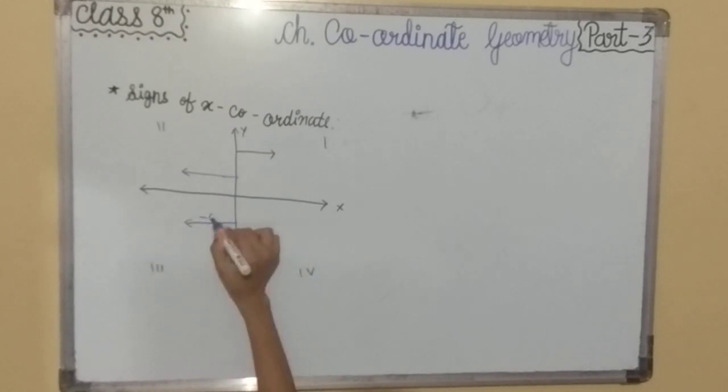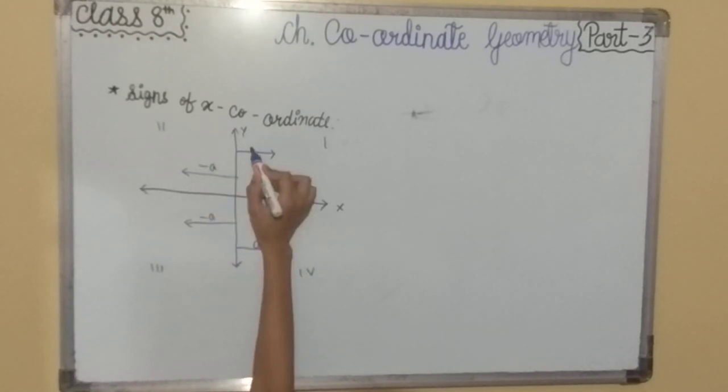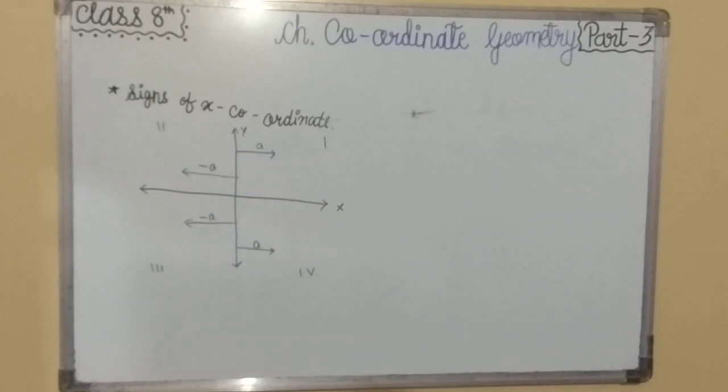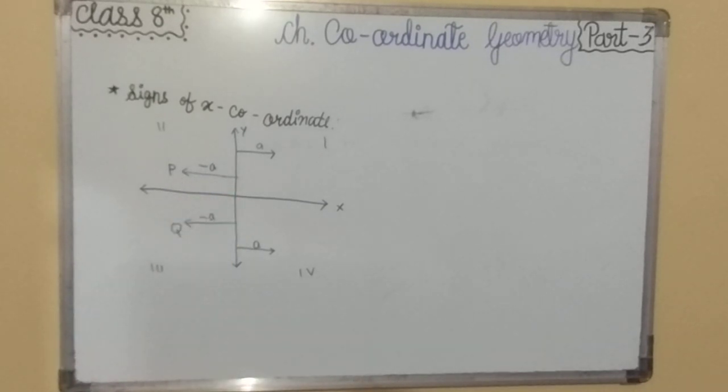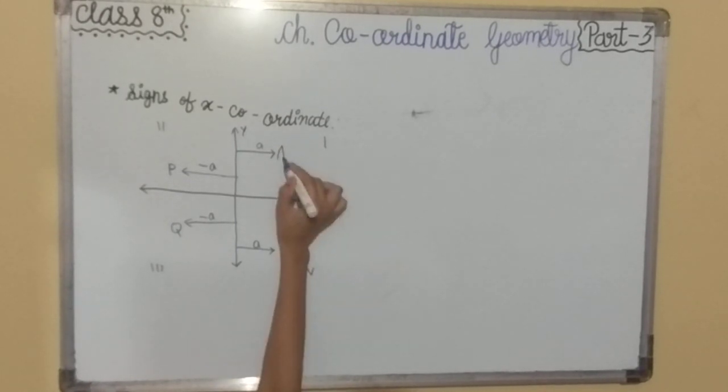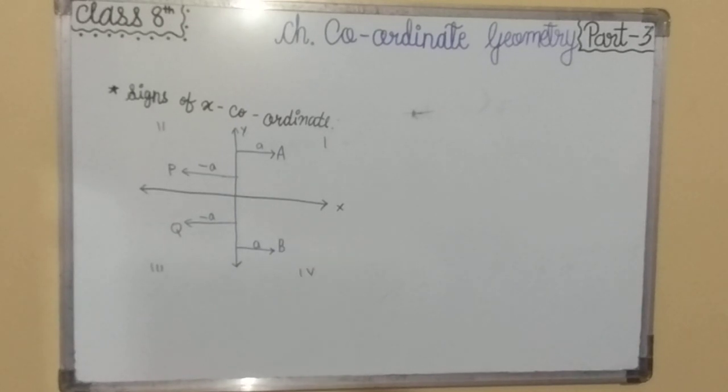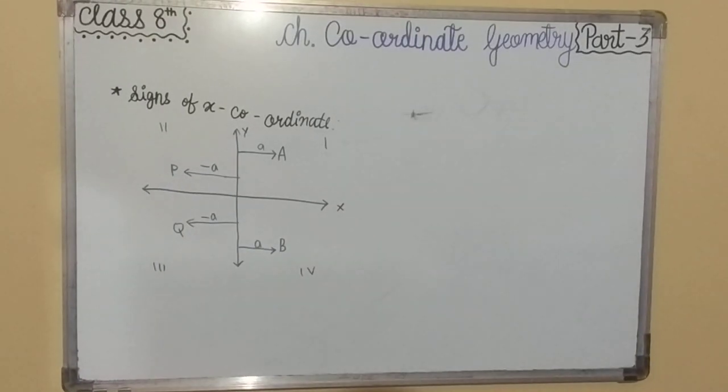This is A, this is negative A, this is negative A, and this is positive A. This is P, Q, A and B. After that, this is the negative direction, this is the positive direction, and this is the diagram.